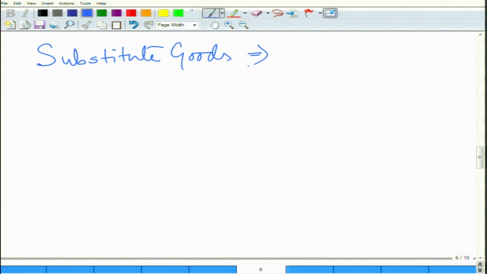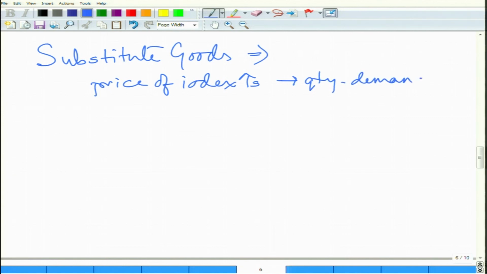Let's understand this by taking an example. When the price of Iodex rises, the quantity demanded for Amrutanjan also increases.